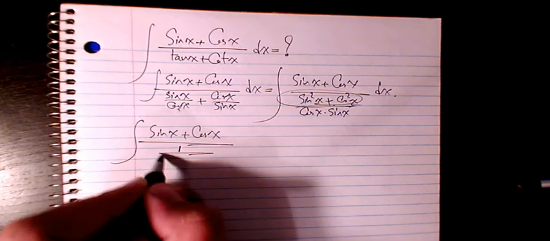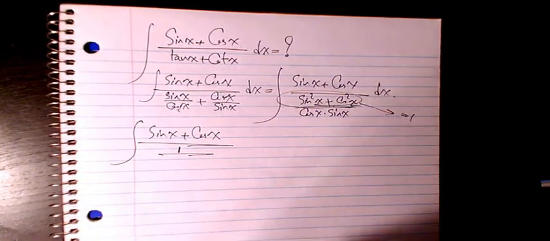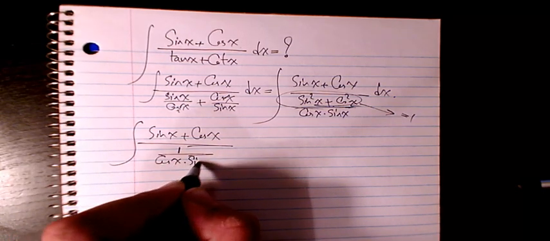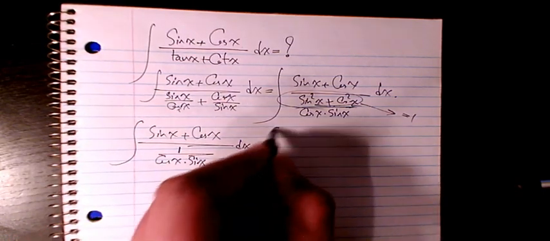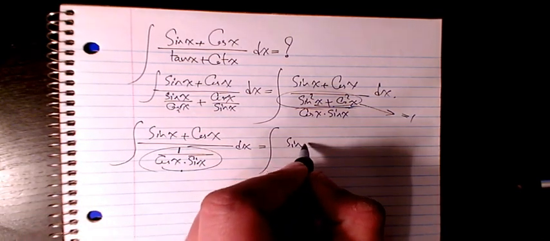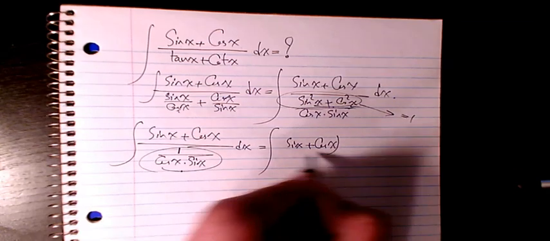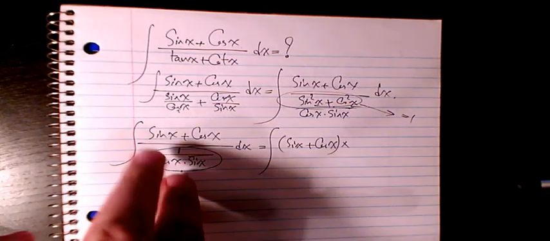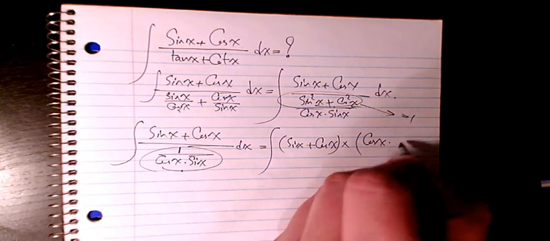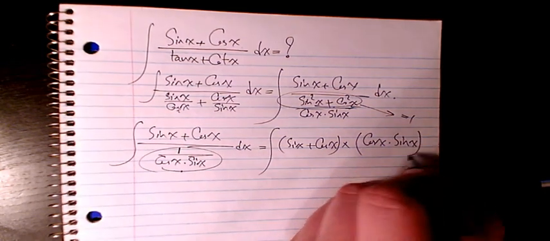So it's going to be 1 over cosine x times sin x, dx. Then we have sin x plus cosine x multiplied by, we flip this, cosine x times sin x, dx.